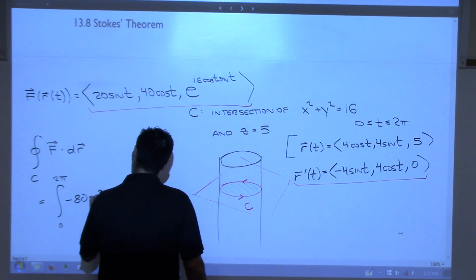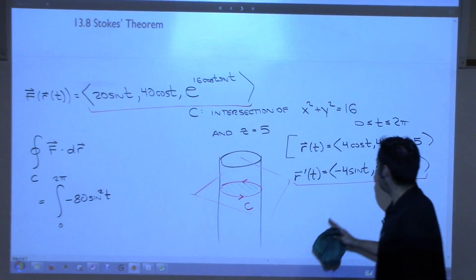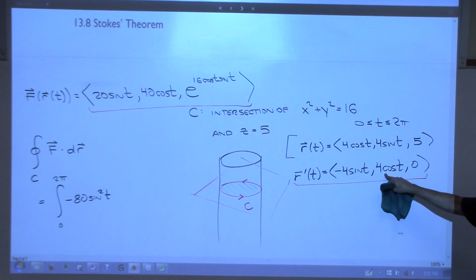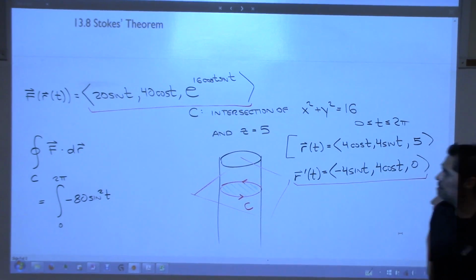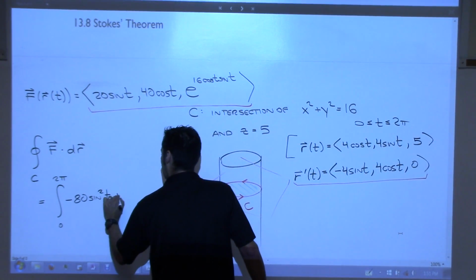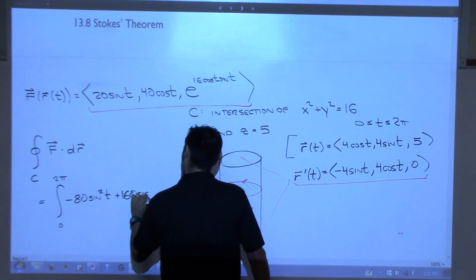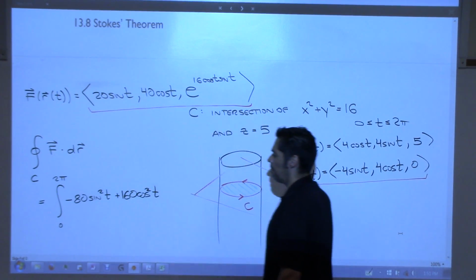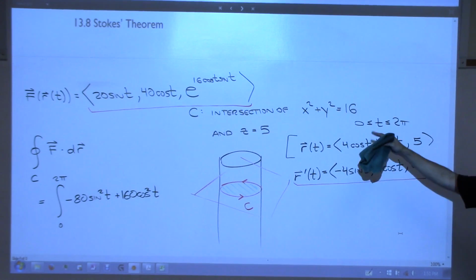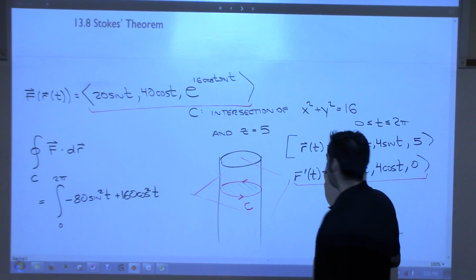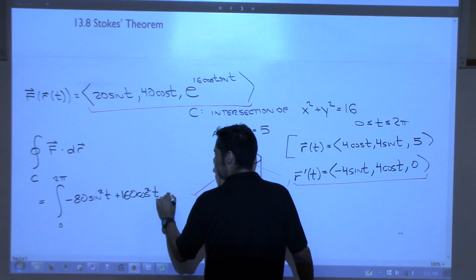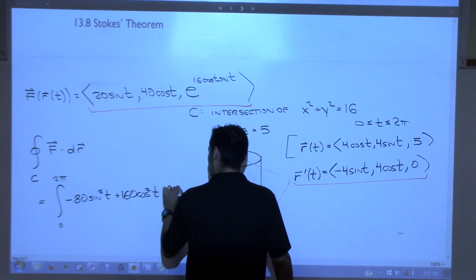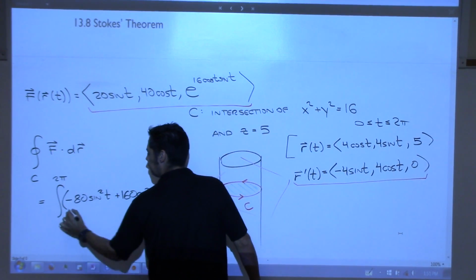I like to see sine squareds. Now I do 4 cosine t times 40 cosine t, plus 160 cosine squared t. I'm not happy to see the 160. 0 times this, who cares? That 0 at the end really helped out quite a bit, didn't it?